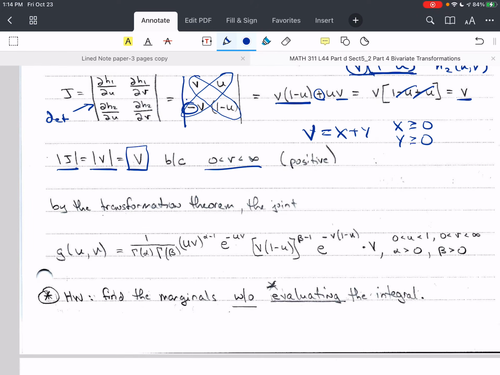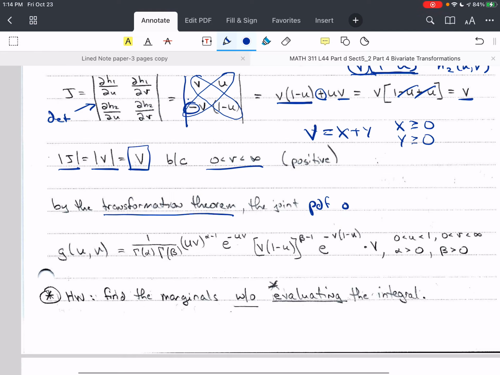So we're going to use the transformation theorem, and then the joint PDF of u and v is given by g of u, v, with gamma alpha, gamma beta in the denominator. And then in place of x, I have put u times v. So that's u times v to the alpha minus 1.